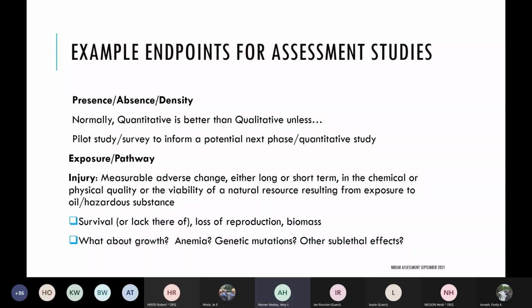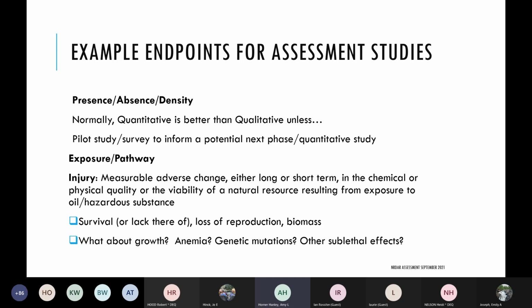I'm sure folks can think of a lot of other endpoints for their assessment studies. I just threw some up here. Feel free to type others into the chat box. Presence, absence, density. Generally speaking, quantitative is going to be better than qualitative unless you're doing some type of pilot study or a survey just to get enough information to inform the potential next phase of a quantitative study.